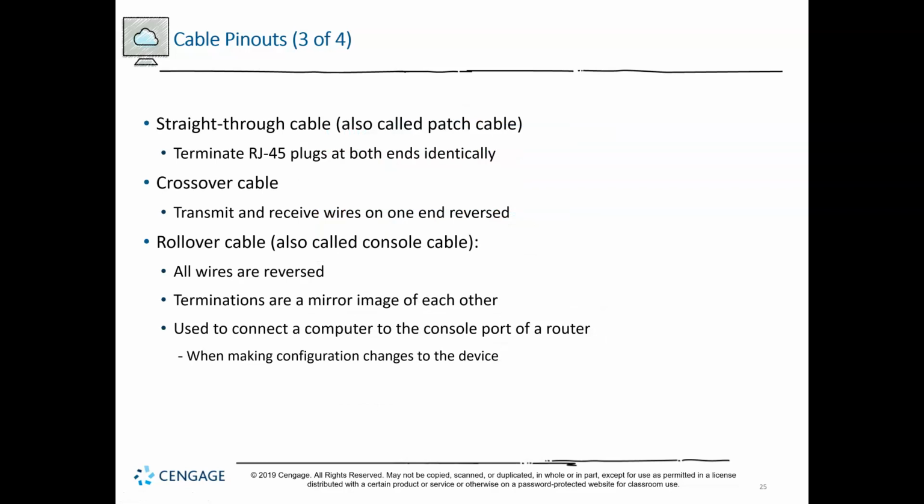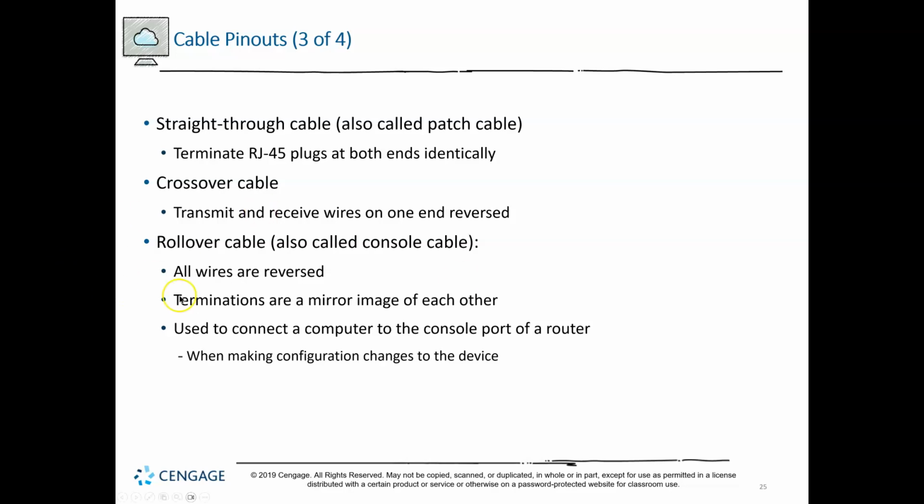So we have even more of these pinouts. So straight through cable, a patch cable, just means that we've got A on one end and A on the other. That means it crosses straight through. A crossover is a cable that's flipped. So it's A on one side, B on the other. And we can actually connect a computer to another computer with a cable like that and not need to have a hub or a router or anything else.